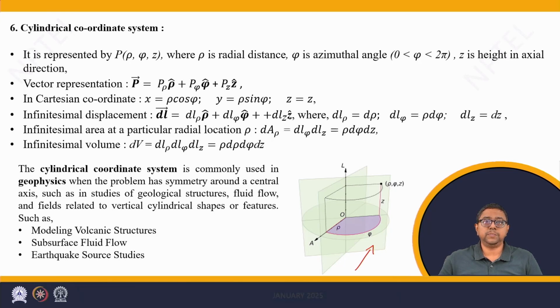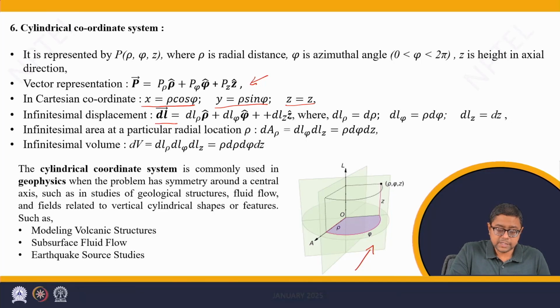So the vector representation of any quantity is shown here, and in the Cartesian coordinate system the x, y and z coordinates are related to the corresponding cylindrical coordinate systems as x equals rho cos theta, y equals rho sin theta, z equals z. Here rho is used instead of r for clarity.